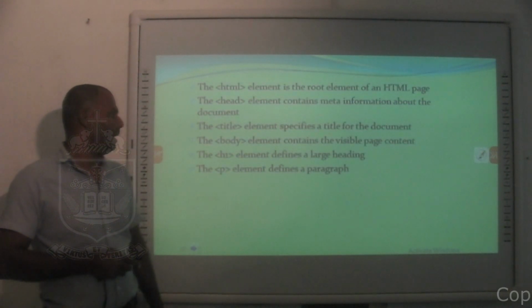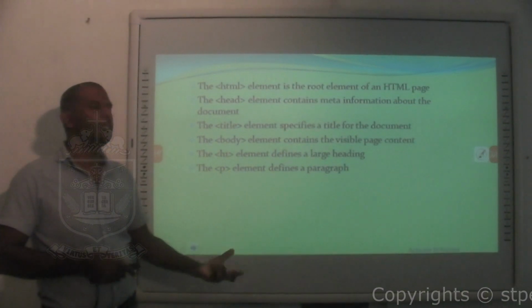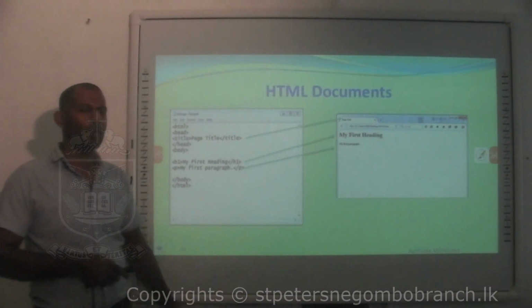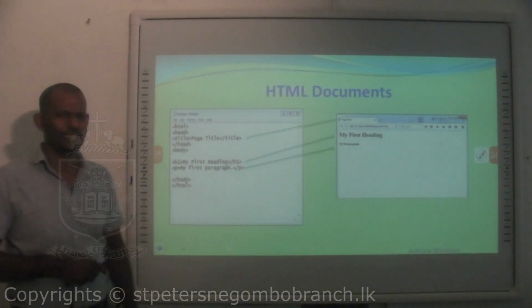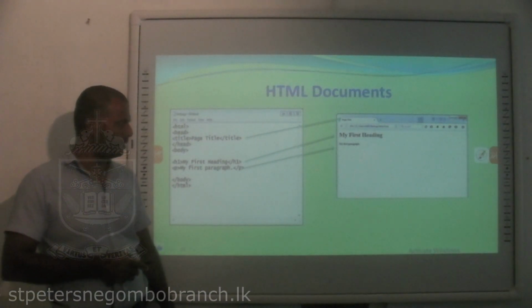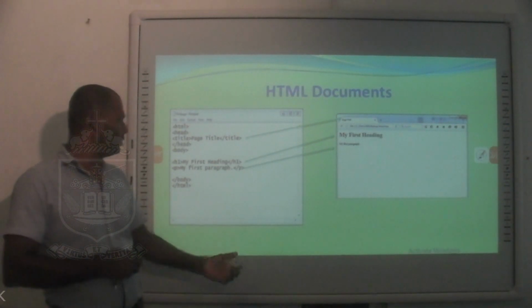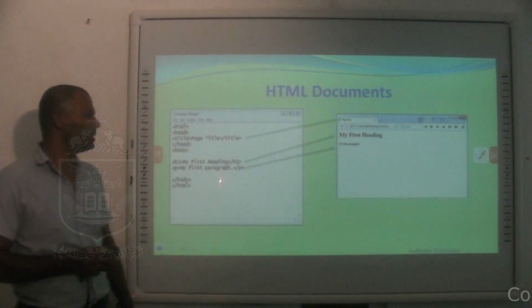Then the P element defines a new paragraph in your document. In this example, I have given one sentence, that's why it stops there. When you start a new paragraph, you have to use the P tag, my first paragraph.